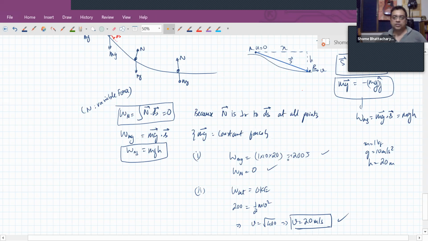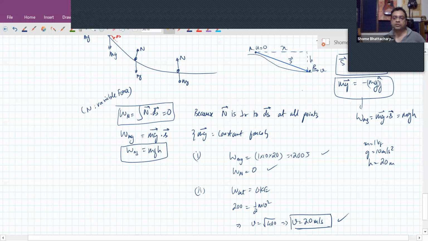So this is the process of using the work kinetic energy theorem. There will be more complicated things also that we will see in this, but the statement is this much only. It's just applications with more number of forces, more techniques for calculating work done.